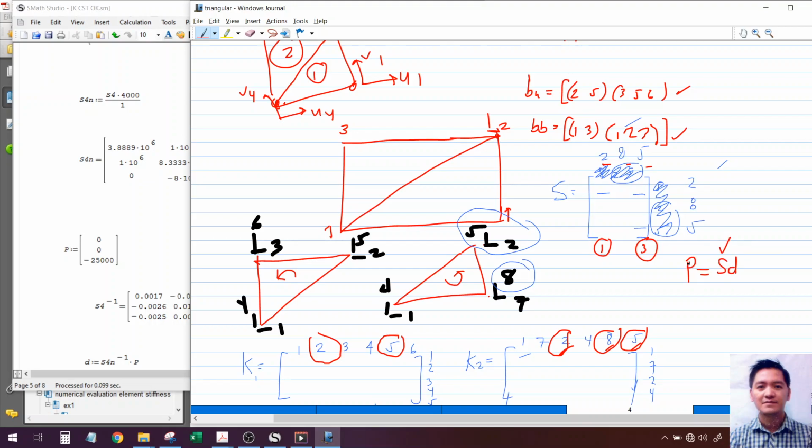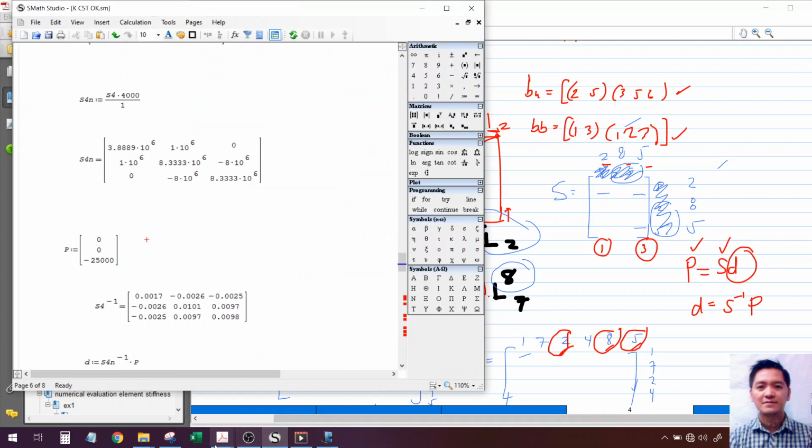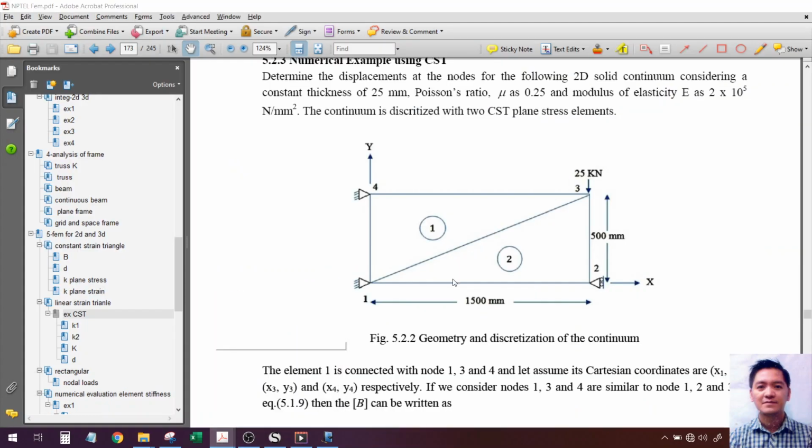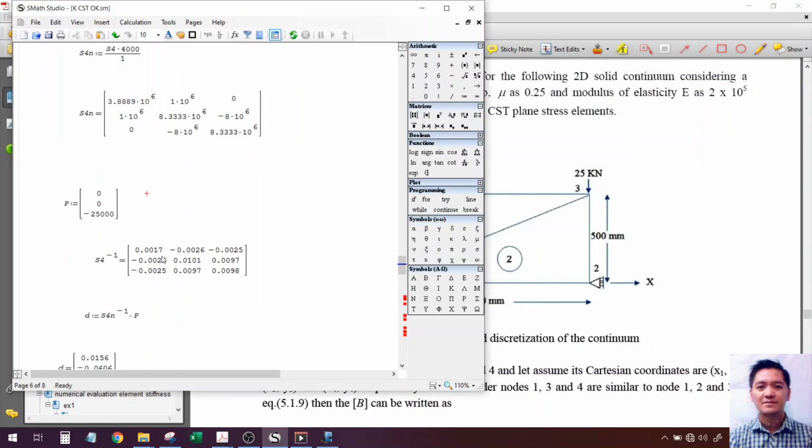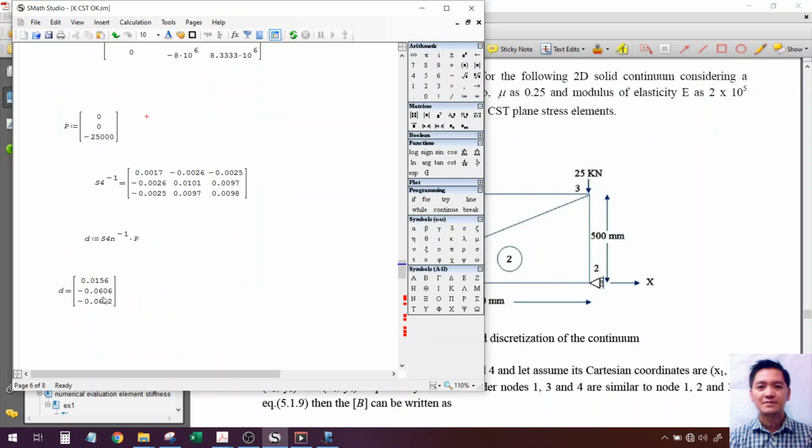Alam na natin si S. Your P vector is yung given sa problem. That's the time we now get D from S inverse P. So that is negative 25,000 kasi yan yung given sa problem. 25 kilonewton.